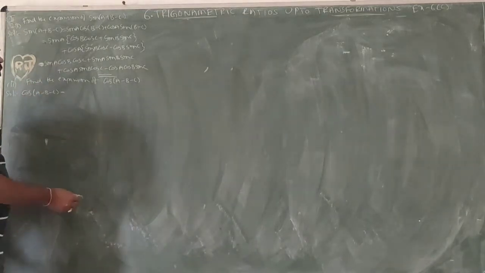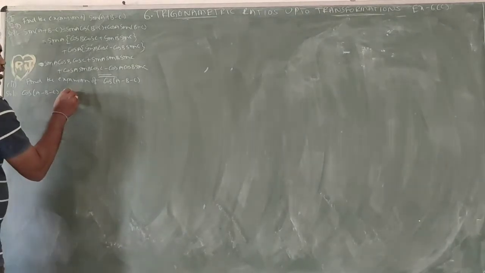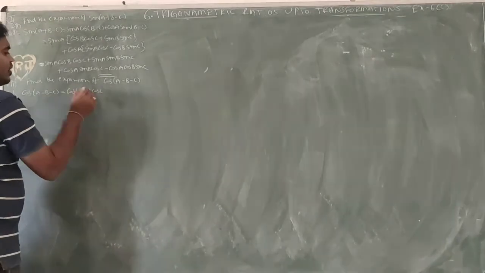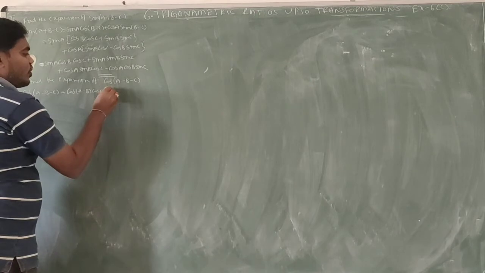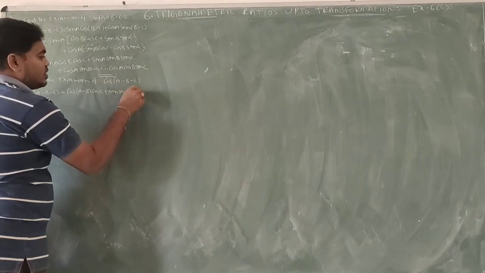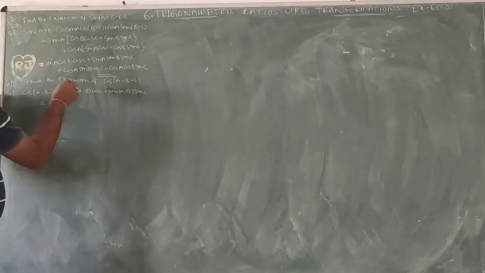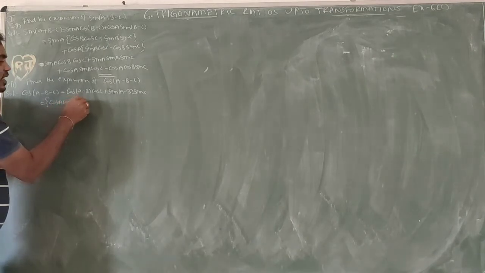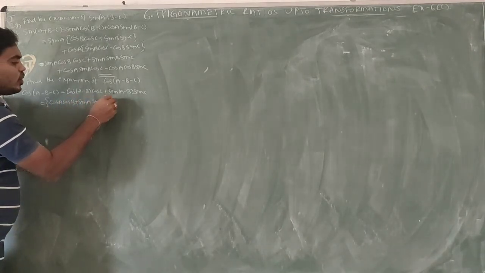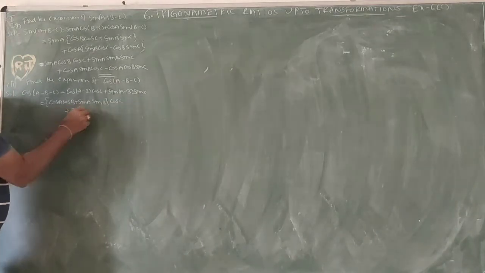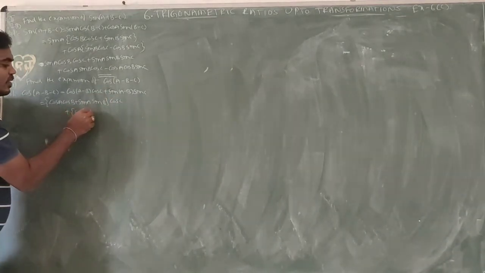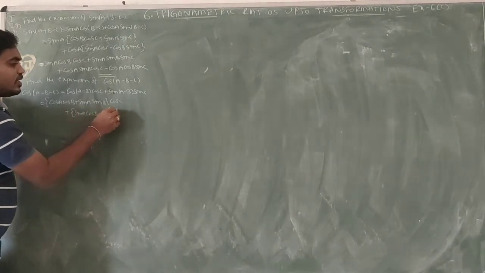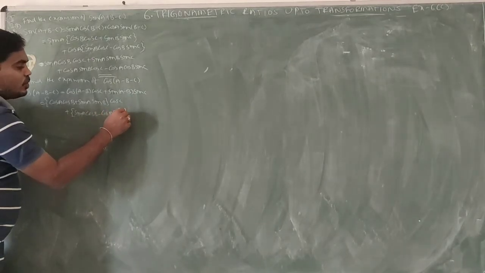So cos of A minus B formula: cos A cos B minus sin A sin B. Cos of A minus B cos C, next I want to write plus sin of A minus B sin C, equal to cos of A minus B formula, cos A cos B plus sin A sin B into cos C, plus sin of A minus B formula, sin A cos B minus cos A sin B into sin C.